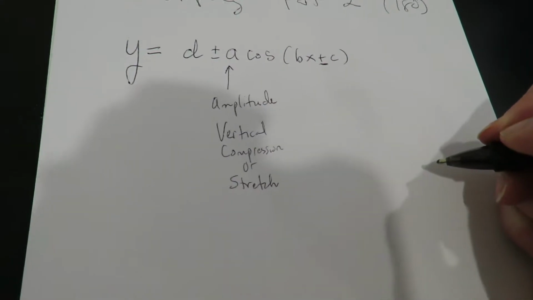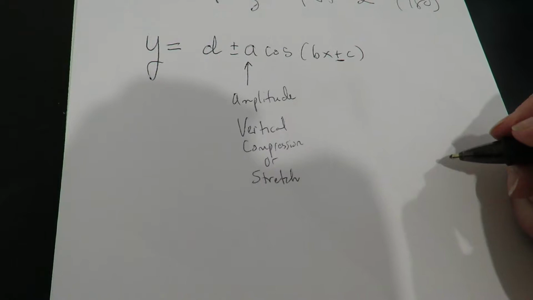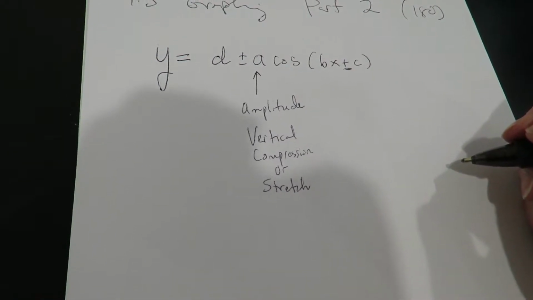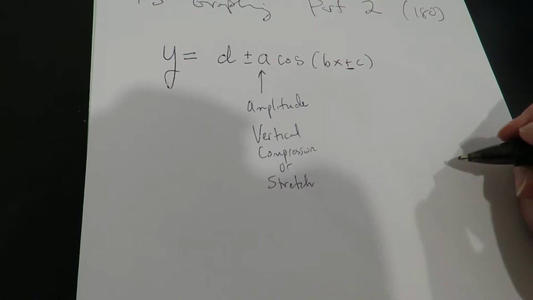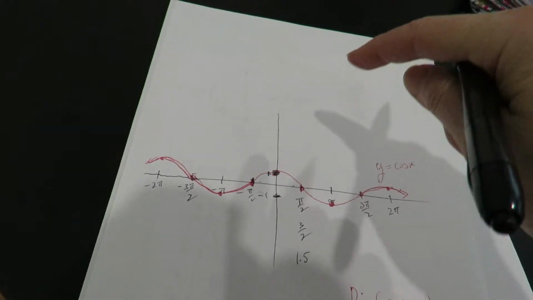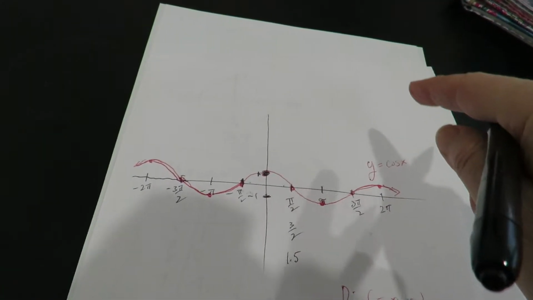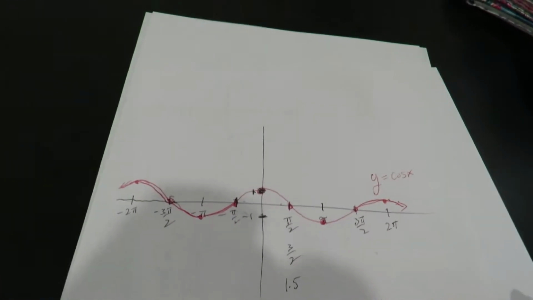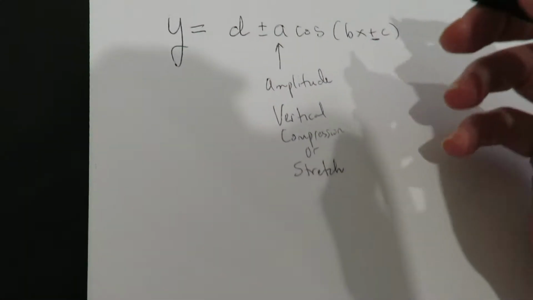Like if you've ever seen the waves at the ocean, you could say either the waves are high or the waves are calm or low, right? So it's like how high the waves go. Are the waves really high and really low, or is it just sort of a mild oscillation? That would be what we call the amplitude.